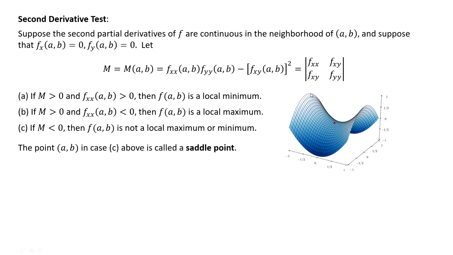On the other hand, if you were to look at the curve this way, which is oriented in the YZ plane, there partial f with respect to y is 0. So both partial f with respect to x and partial f with respect to y are equal to 0. However, there is no local max here, nor a local min. Why not?